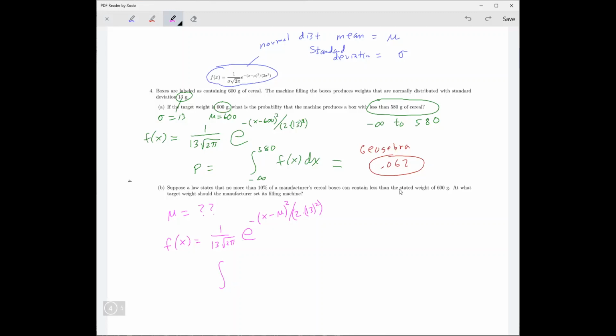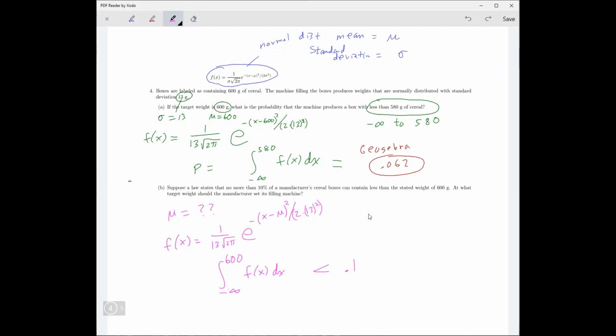No more than 10% is less than 600 grams. Okay, so from negative infinity to 600, you want that integral to be less than 10%. Okay, and so you want to know, and it says find it to the nearest gram. Okay, so you want this integral right here to be less than 0.1.